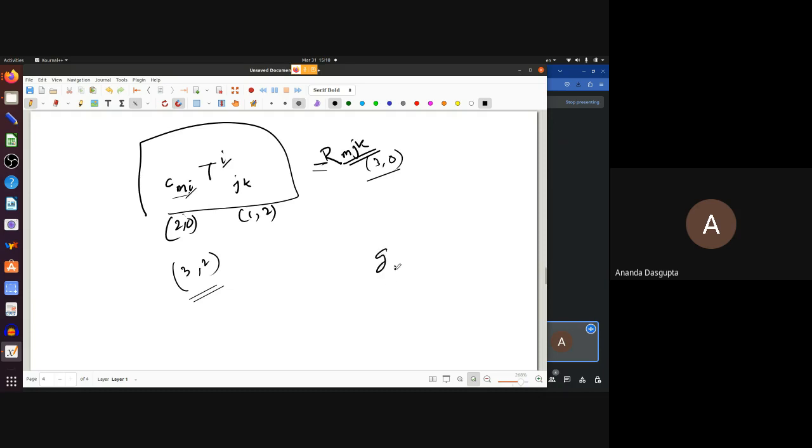Only when you're using g_mi would you say this is T_mjk. That's the notation you use, right? You will say this is the 3,0 version of this 1,2 tensor, where I have lowered this i index and made it m. The lowering of the index and transformation properties stay valid even if you were to use an arbitrary 2-0 tensor, not just a metric.